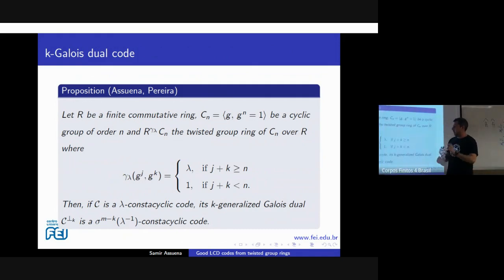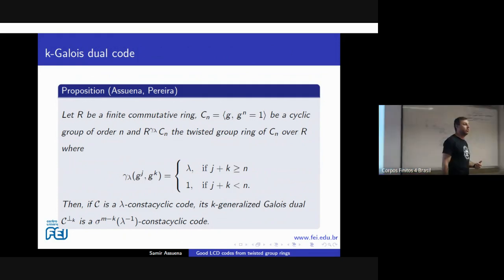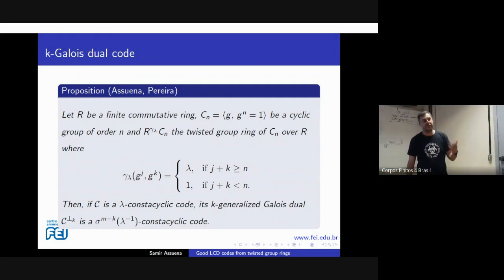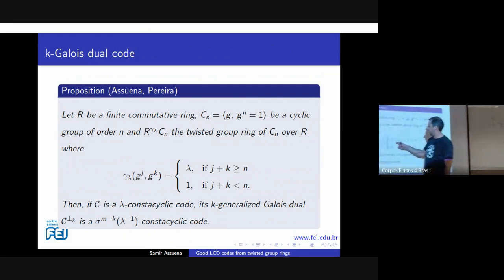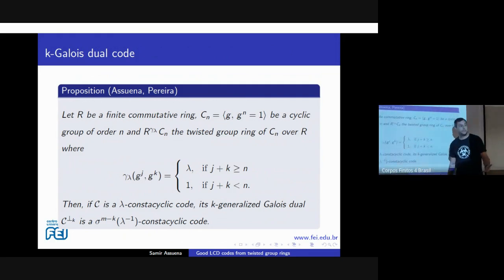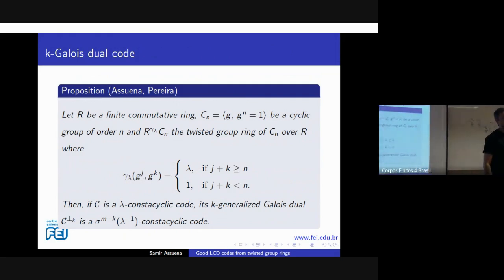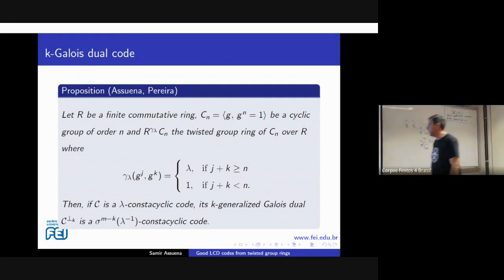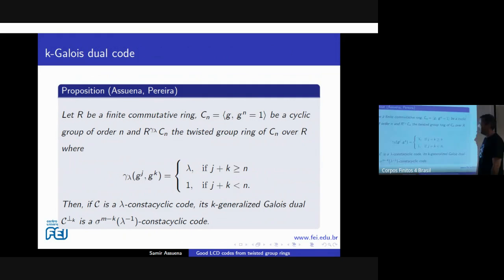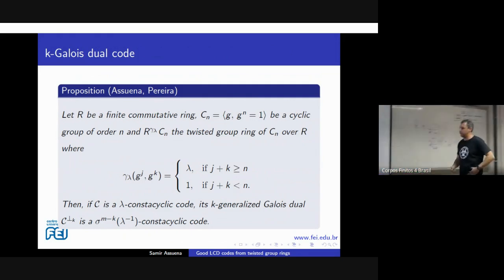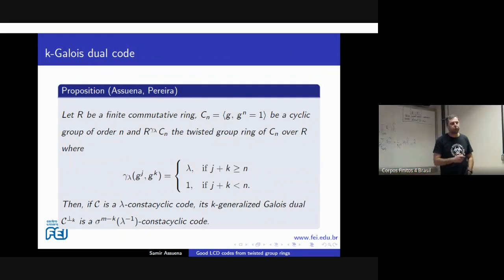If we take a lambda constacyclic code, its generalized dual is also a constacyclic code, but we need to change the scalar here, taking this element as a unit of the ring.